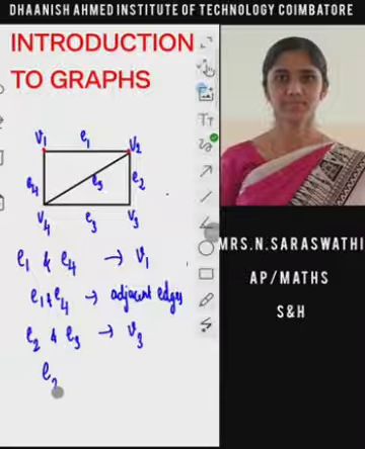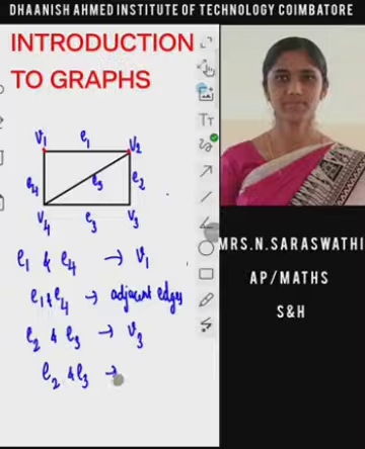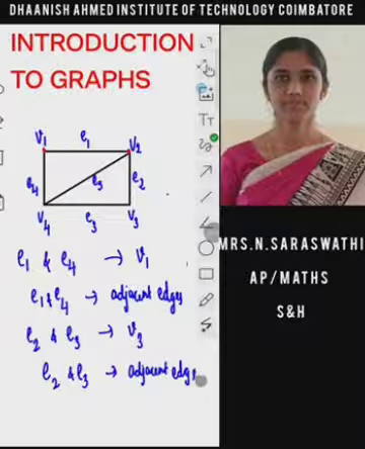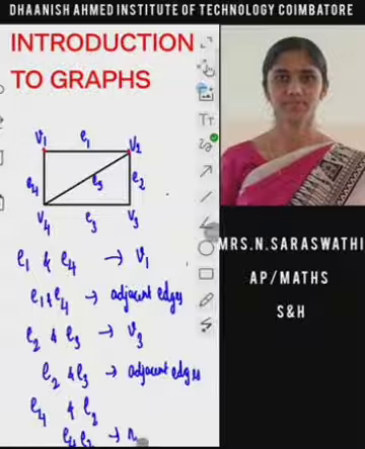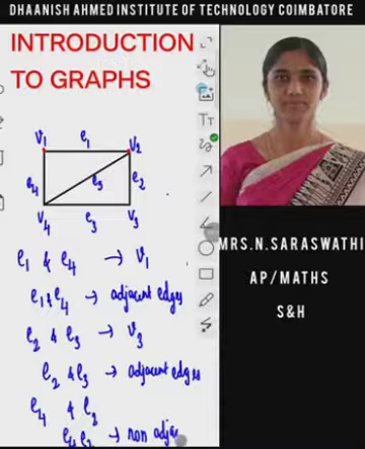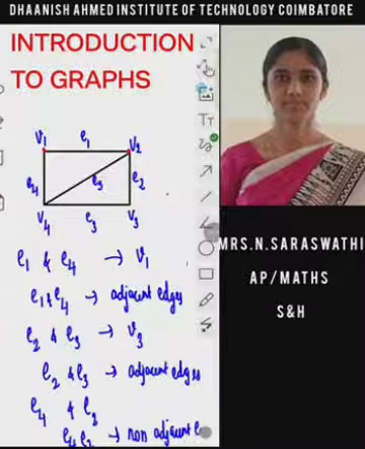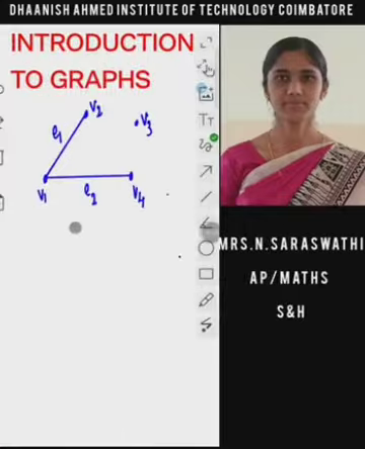Therefore, E2 and E3 are adjacent edges. Clear? Can you find any non-adjacent edges? Here the edge E4 and the edge E2 are incident on different vertices. Therefore, E4 and E2 are non-adjacent edges. Clear?